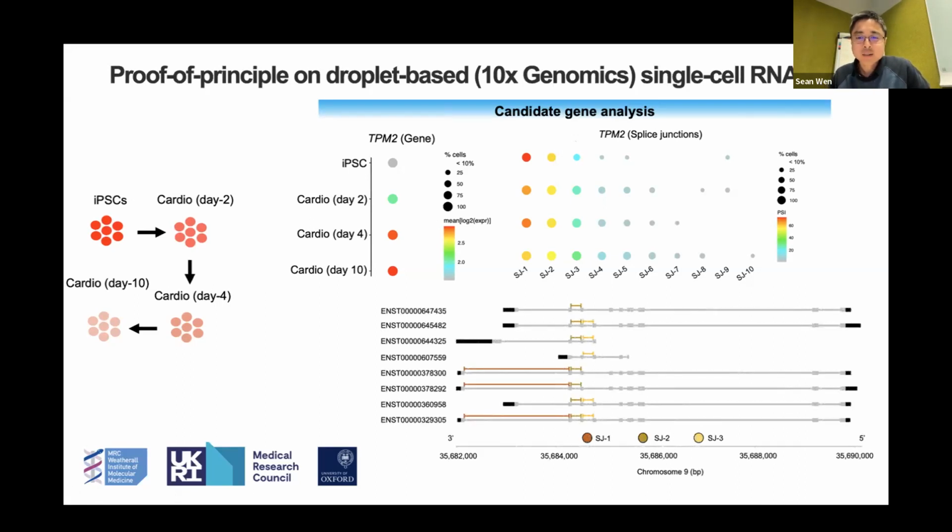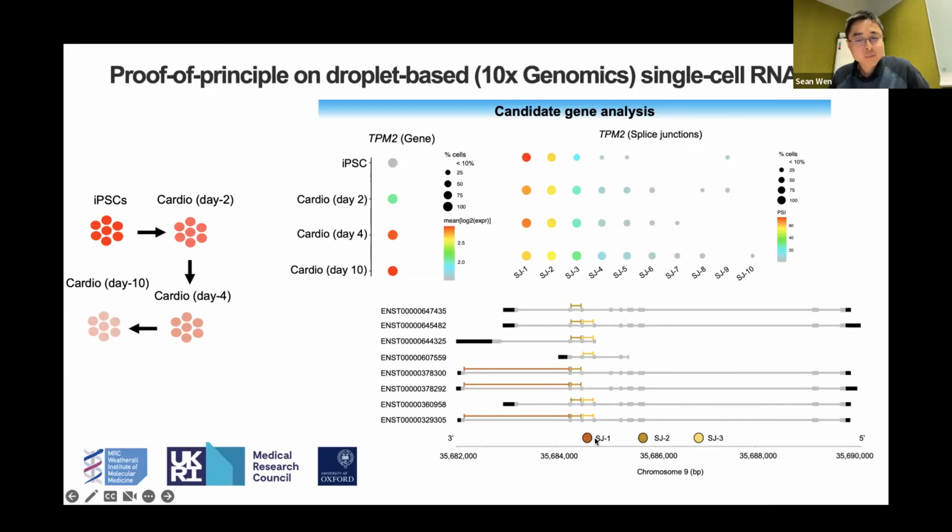And lastly, MARVEL is able to plot the different isoforms just to show us where along the isoform the splice junction of interest is expressed. So for example, over here, if we look at splice junction 1, 2, and 3, which corresponds to these 3 splice junctions, you will see that they are primarily expressed at the 3' end.